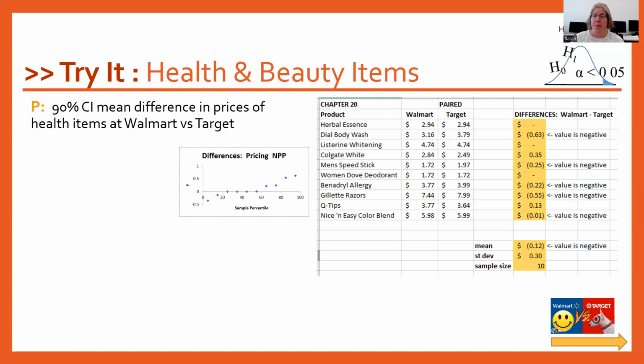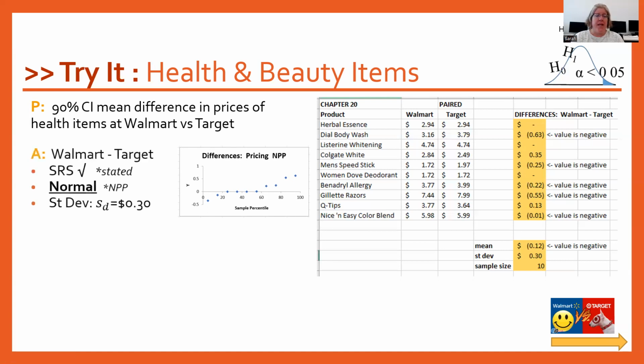So I did the normal probability plot just for that gold differences column, and that actually looks pretty okay. It's a little bumpy, but not too bad. So they did tell us that we had a random sample, so I checked that off and put stated. Our differences are normal, and then the standard deviation you're looking for is the one from the differences column.